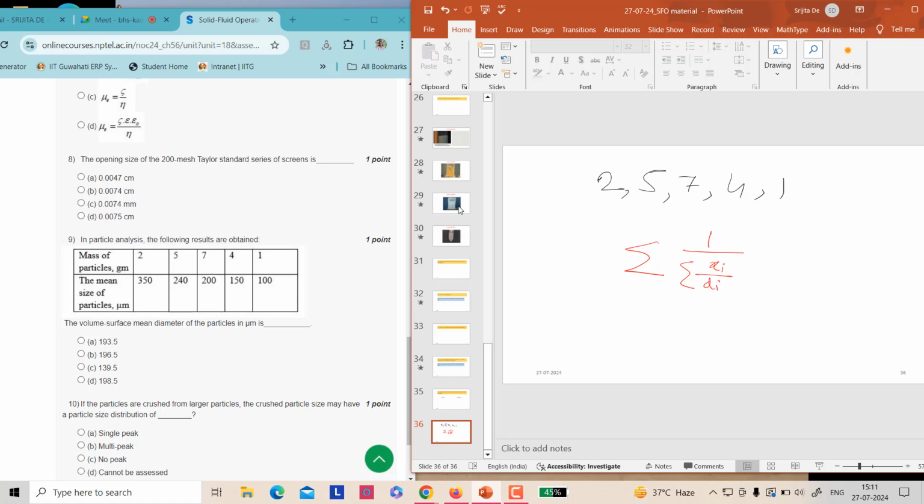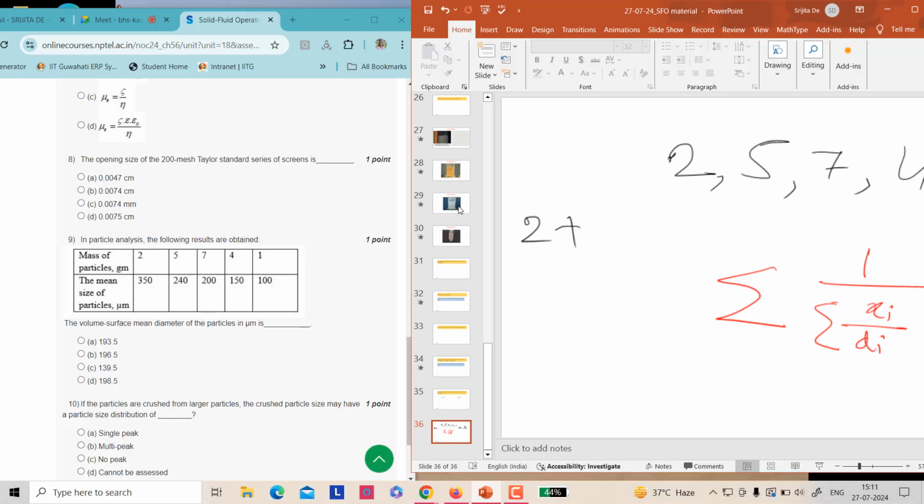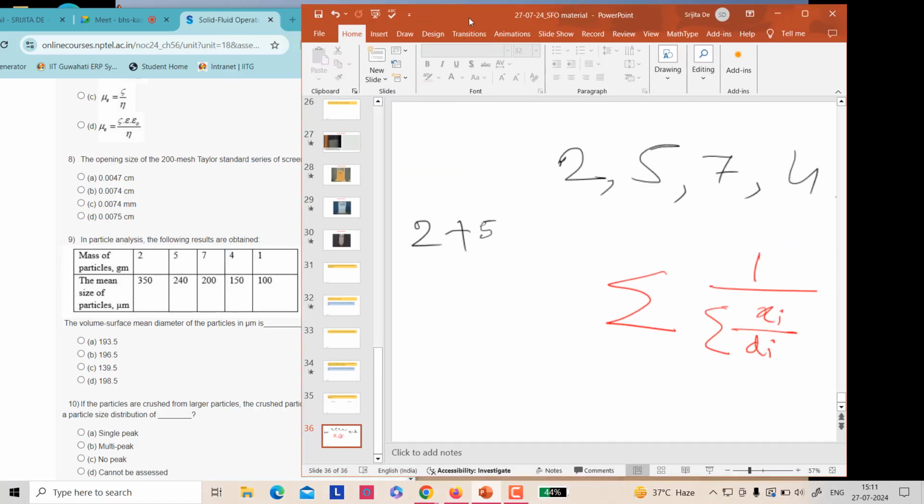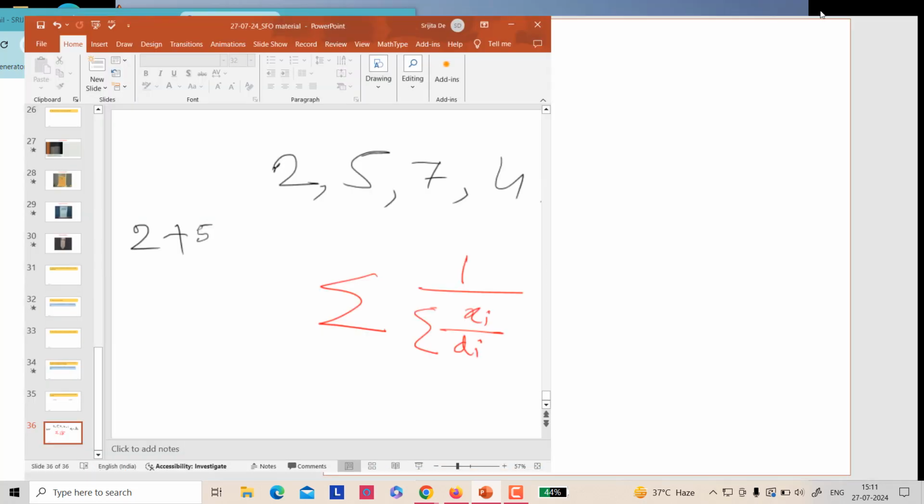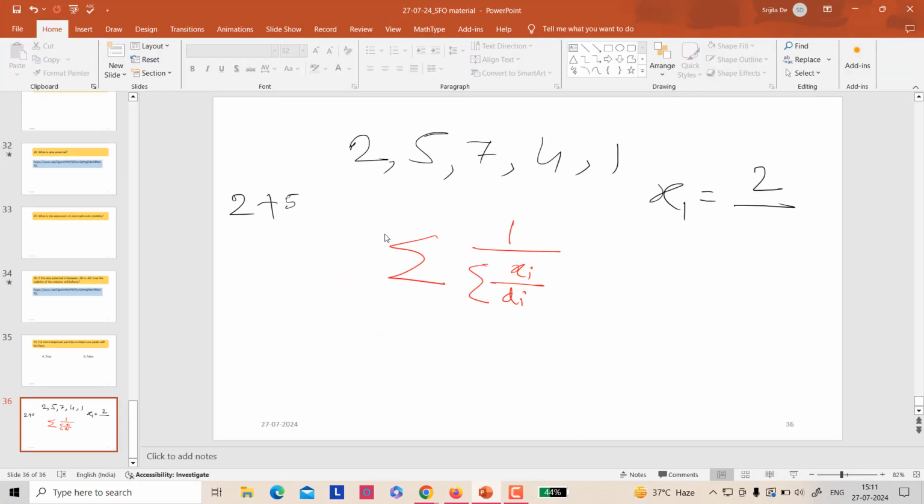The individual masses of the particles are given. 2 plus 5 plus 7 plus 4 plus 1 equals 19.